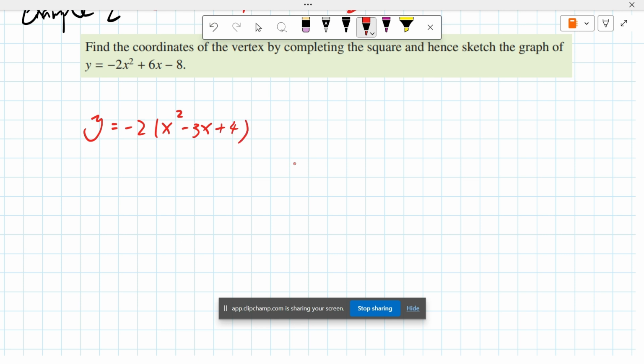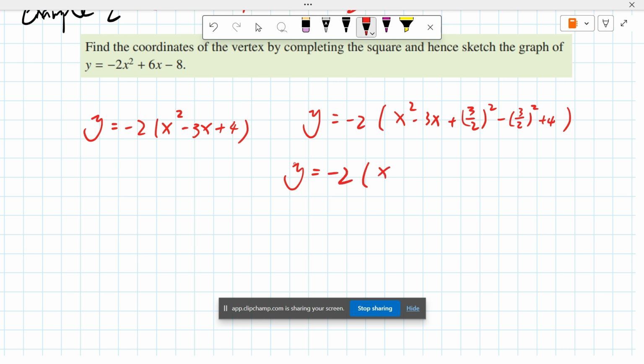That looks a little bit better. And now we use completing squares, which is negative 2, x squared minus 3x plus 3 over 2 squared, and minus 3 over 2 squared plus 4. That's what we need. And then y equal to, we're going to find out the turning point. That's why we're doing the completing square. Hopefully that makes sense.